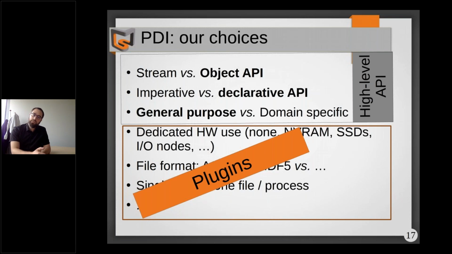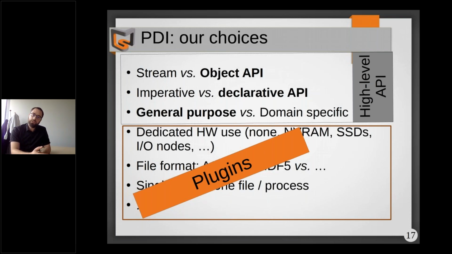We leave that to the plugins. Then do we want an imperative or declarative API? We've chosen a declarative API because in that case, we just declare what we have, what is the data available from the code, and we don't say how we want to write it. Once again, this can be chosen in a second time.